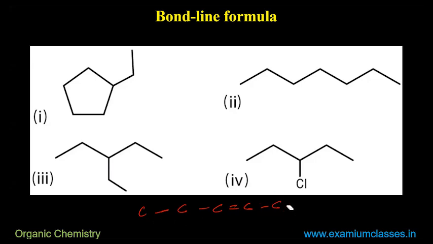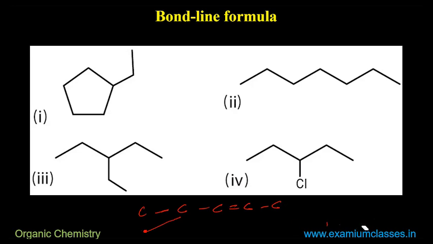So if I don't write hydrogens, then it is bond line, and I don't even write the carbons, because only carbons are written here. How to represent it? I will write just 1 point and move to the next carbon. I'm not moving in just one straight line, because then I wouldn't know where the carbons are, whether here, here or here.